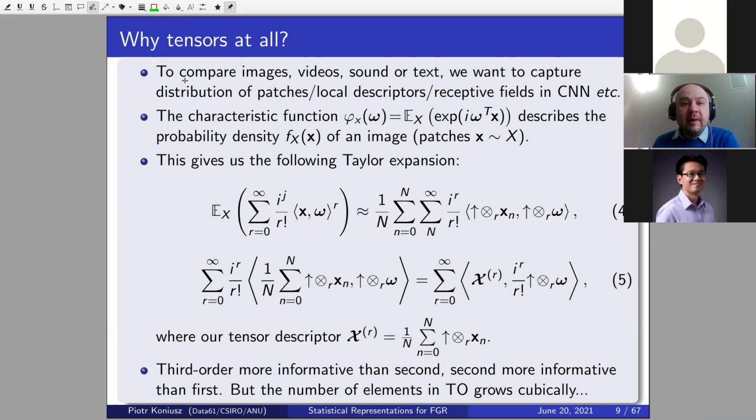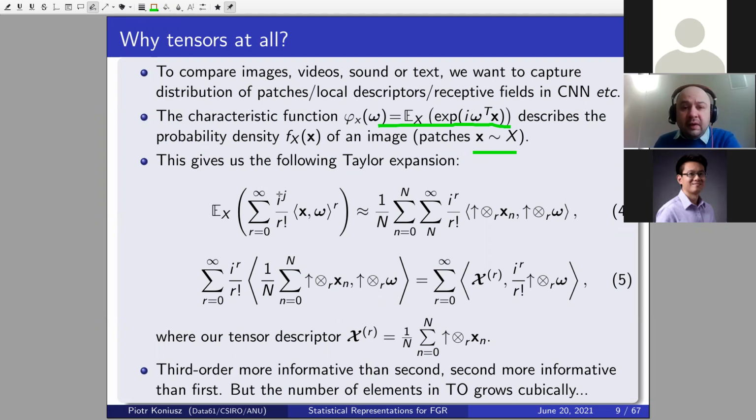So if you want to compare images, video, sound, text, one wants to capture some distribution of patches or local descriptors, receptive fields in an image or document. So one can write a characteristic function over here where X are patches drawn according to some distribution.